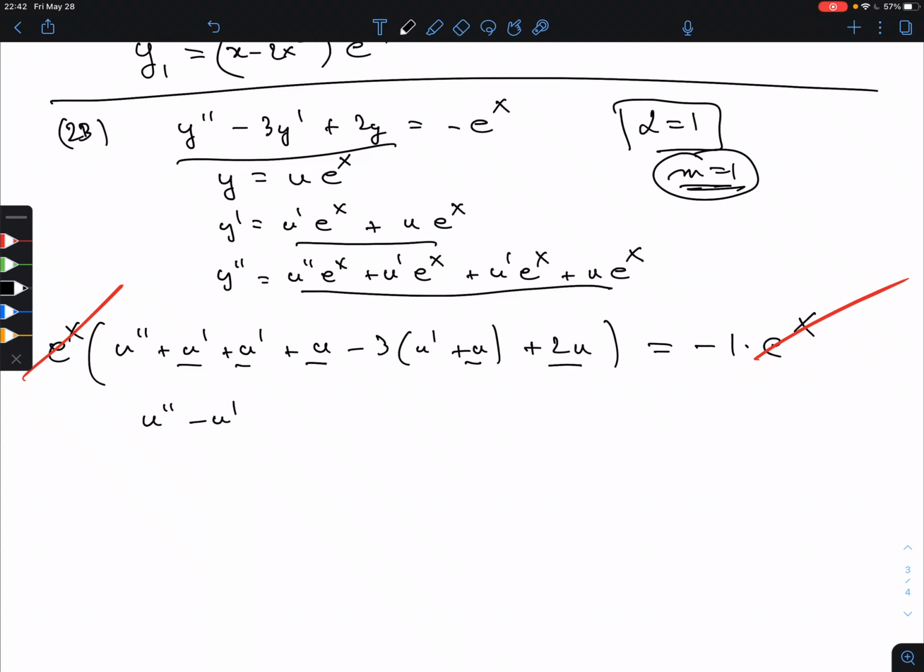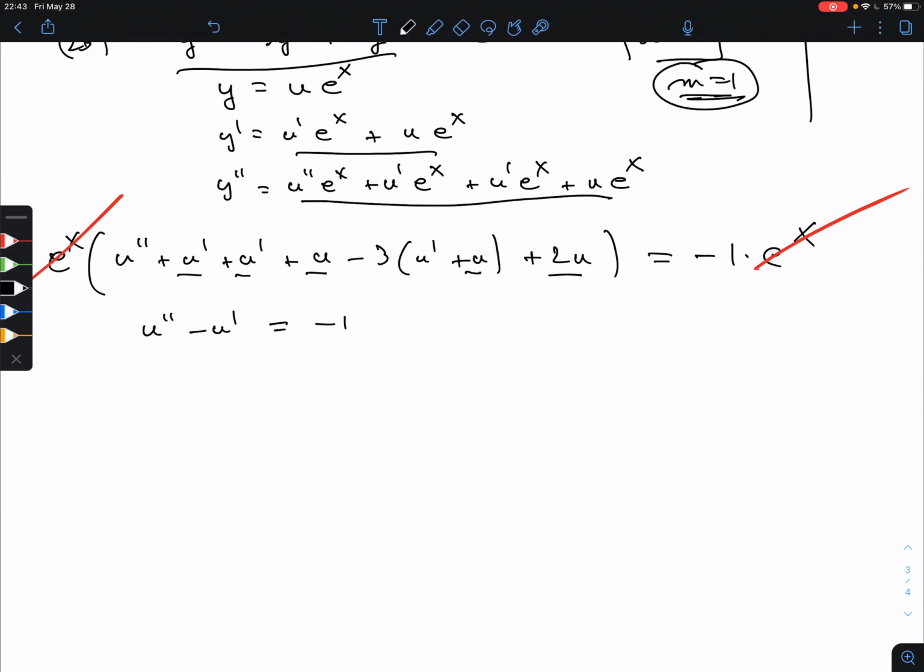In fact, if m is 2, I think we have seen one problem, but perhaps in the review I'll do another problem like that. Then we won't even have a u prime. So this is equal to minus 1.